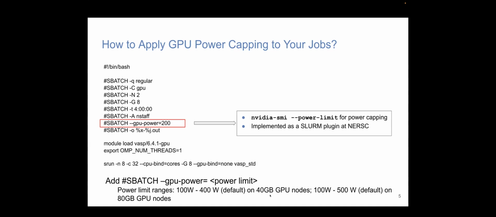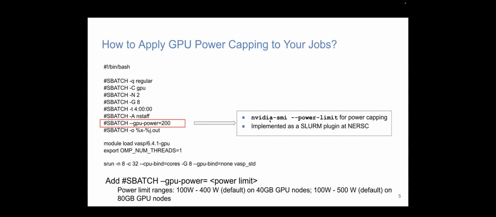This is for 40 gigabyte GPU nodes. And actually we have a small number of GPU nodes that have a 500 watt TDP. So for that one, you can run between 100 watts to 500 watts. So basically, when your job requests this directive, under the hood, when the job starts, this command will be run.